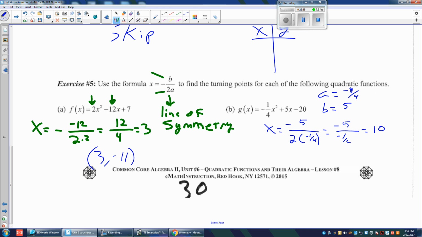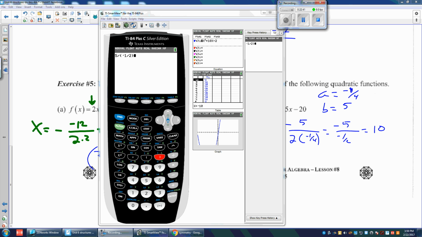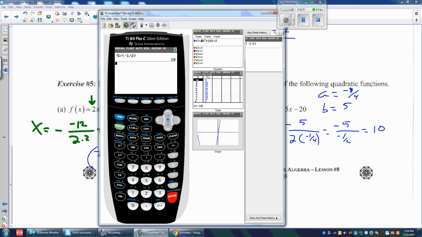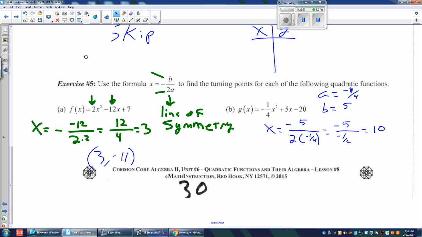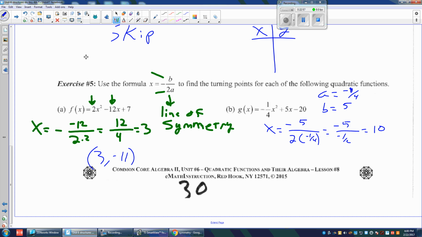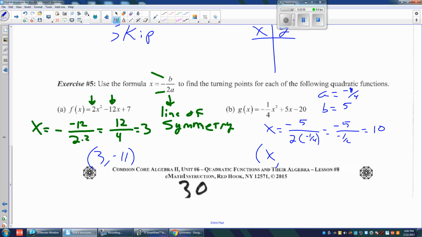What? You're nuts. No. Let's find out together. So I did -5 divided by -1/2. You put the fraction in parentheses, and we get +10. So now that's the x part of the coordinate.